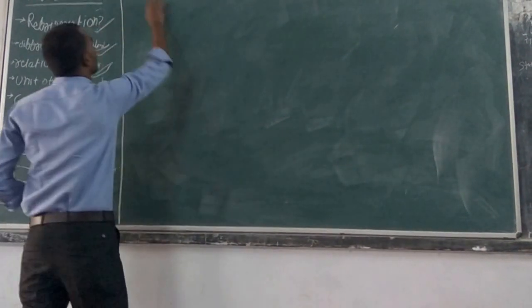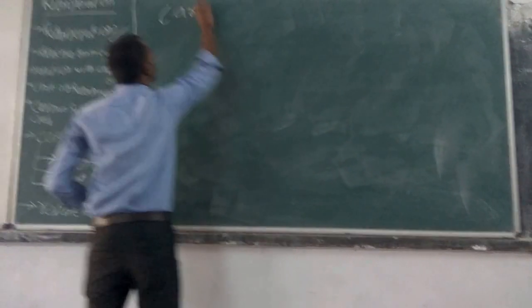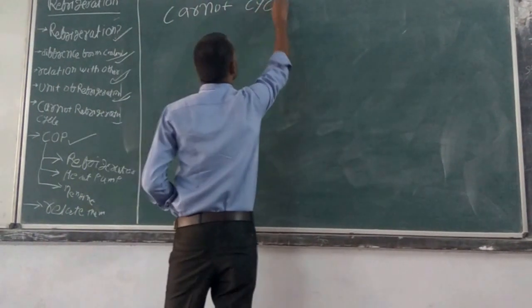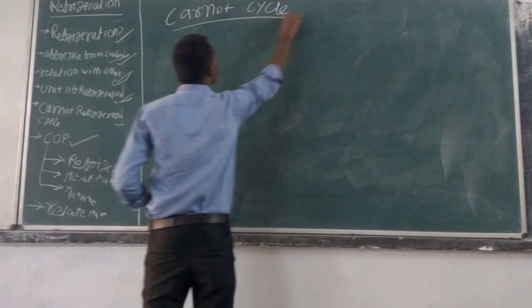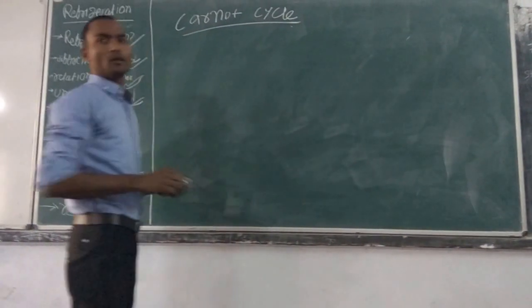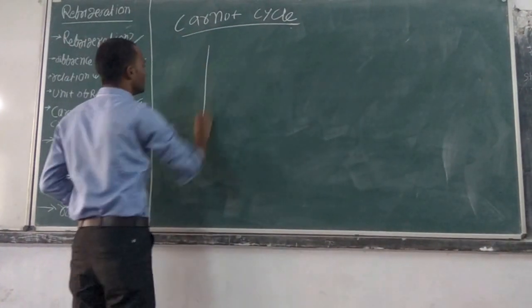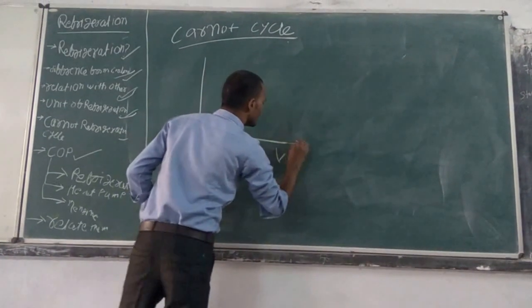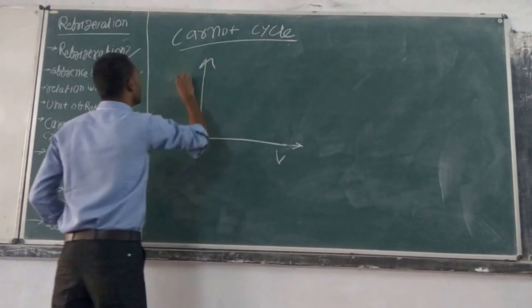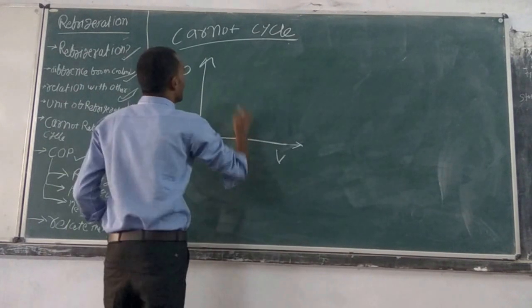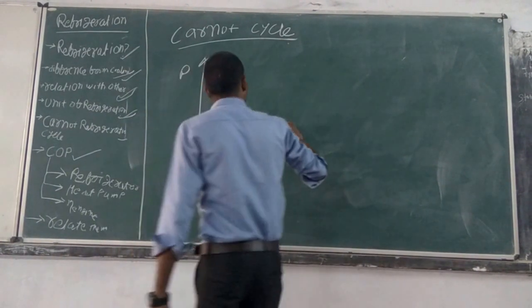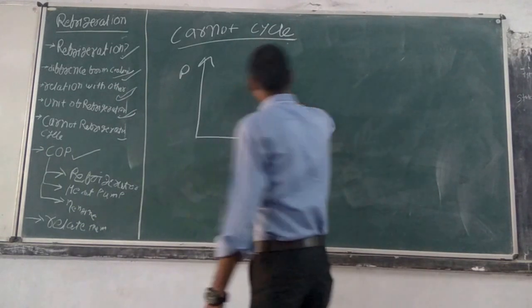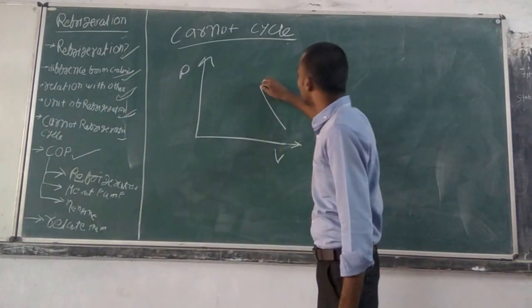So, as a Carnot cycle, if we draw the PV diagram, the first one is the compression of fluid or refrigerant.